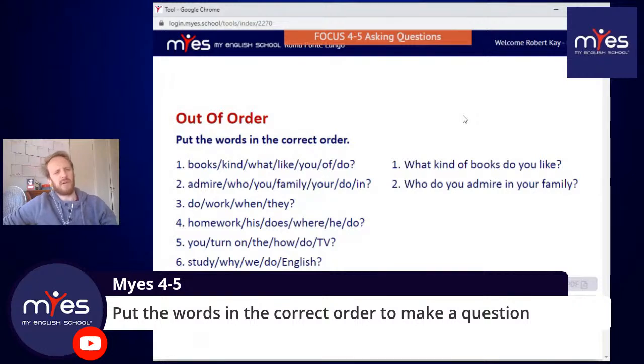What do you think about number three? Can you put number three in the correct order? What do you think number three could be?